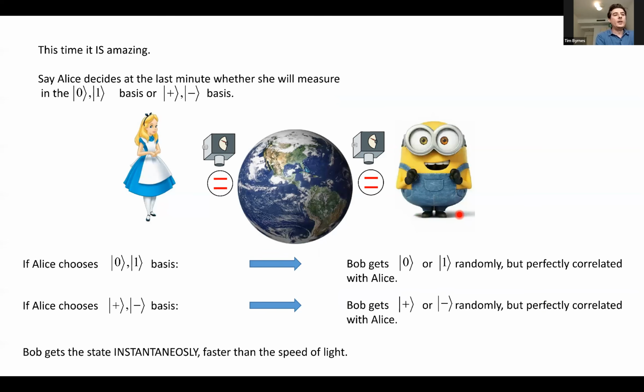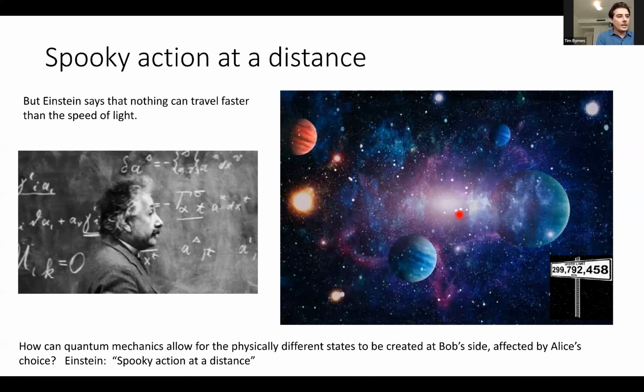Alice, who is very far away from Bob, can actually affect the outcome of Bob, purely based on her choice of measurement. So Alice's choice of, okay, I'm going to do the 0, 1 basis or the plus minus basis. Somehow that information seems to get all the way to Bob, and it can do so faster than the speed of light. Hence the spooky action at a distance.